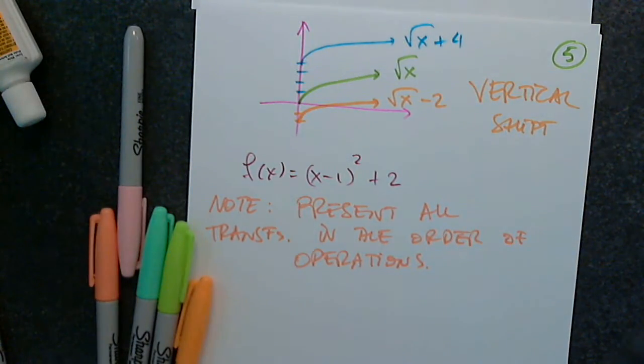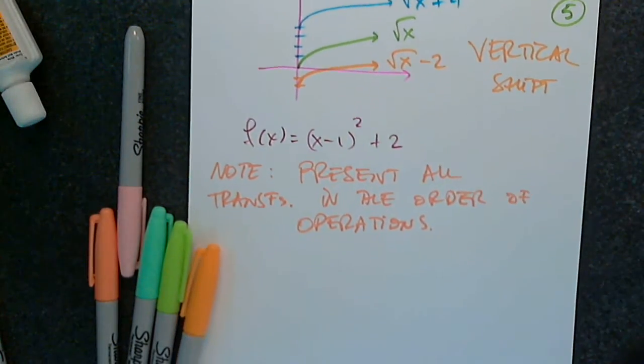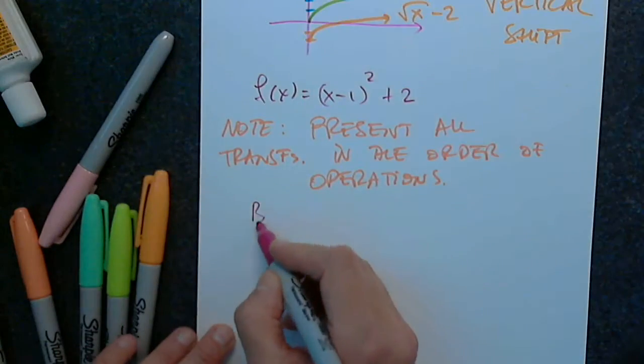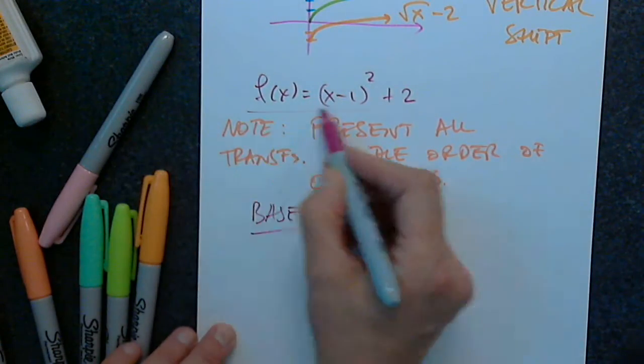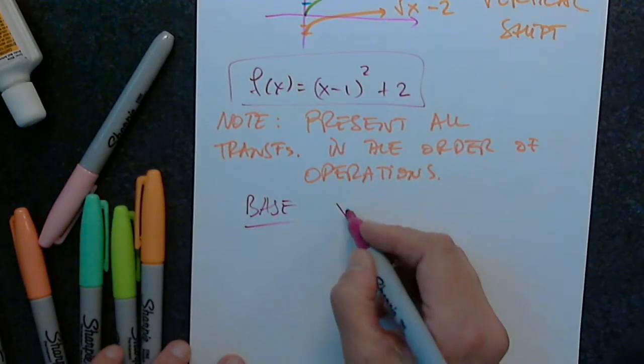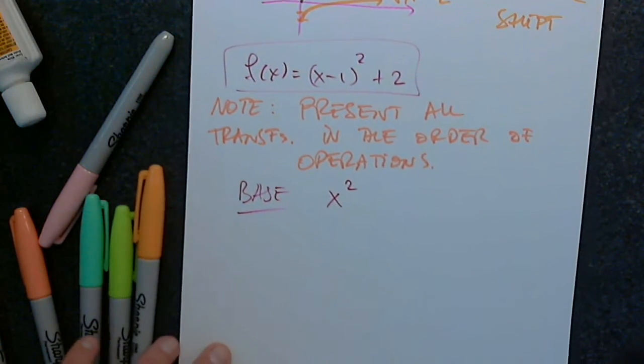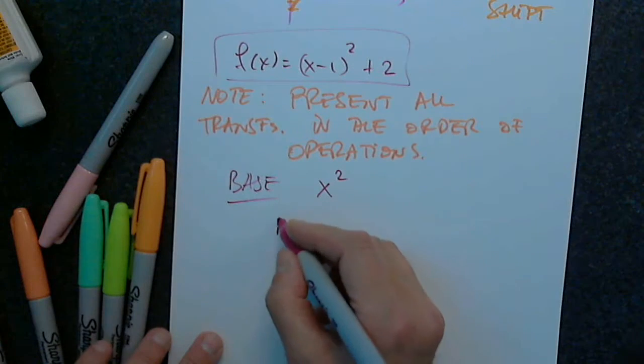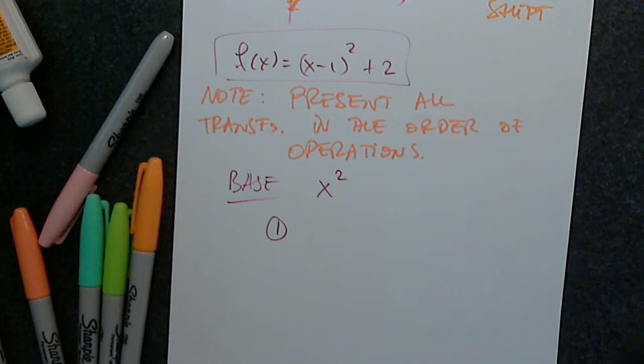So first of all, let's identify the base function used here. What was the base function that I used to create f of x? Very good. So the base function is x squared.